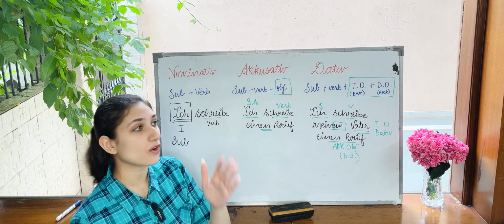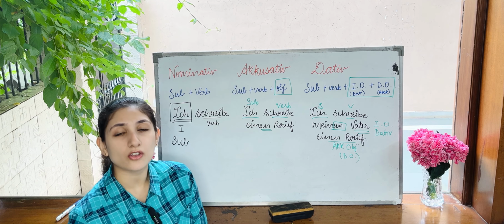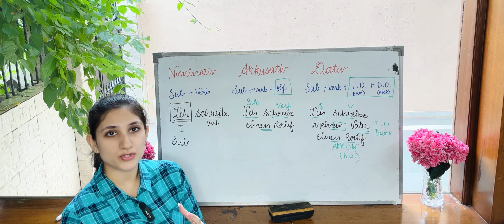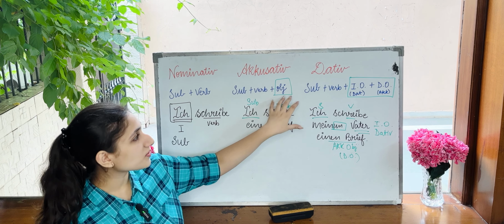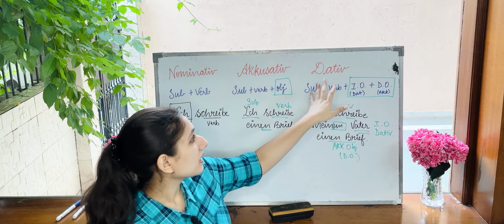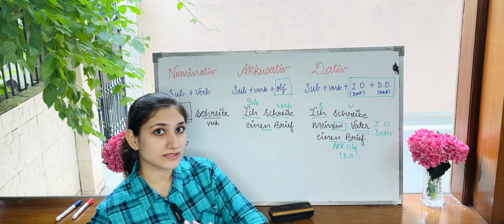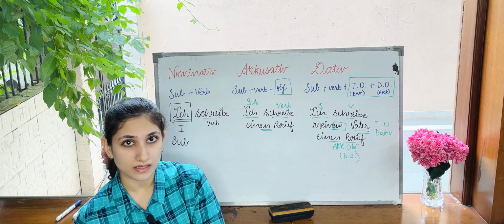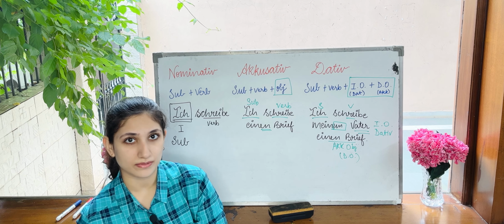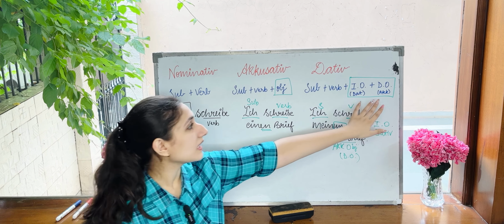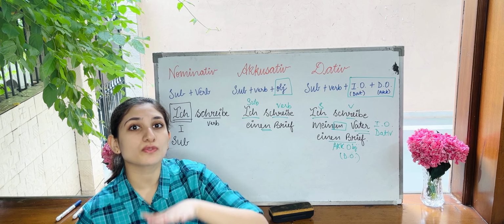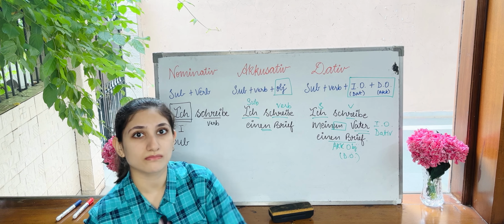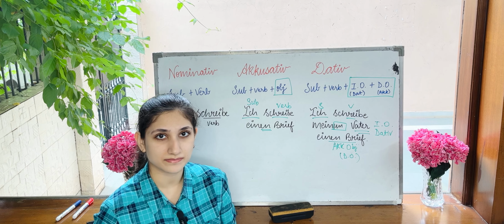So you should always have this clarity. The nominative usually is about the subject, accusative is about the object in relation to the subject, dative is the indirect object, usually a person, but not mandatory. And the direct object is usually the accusative object, not always.